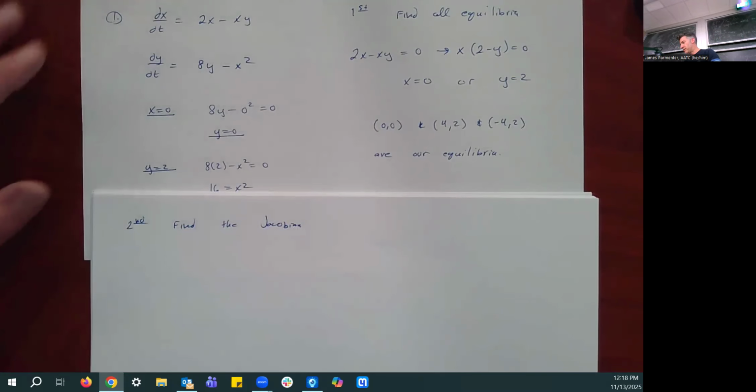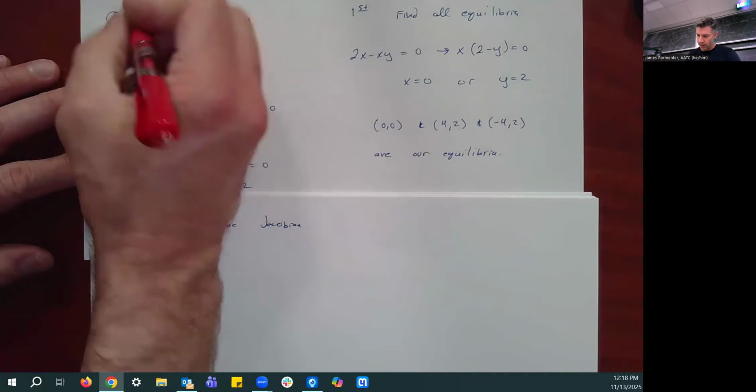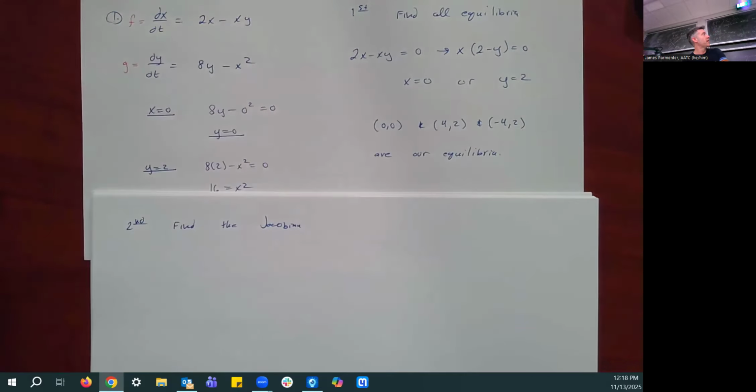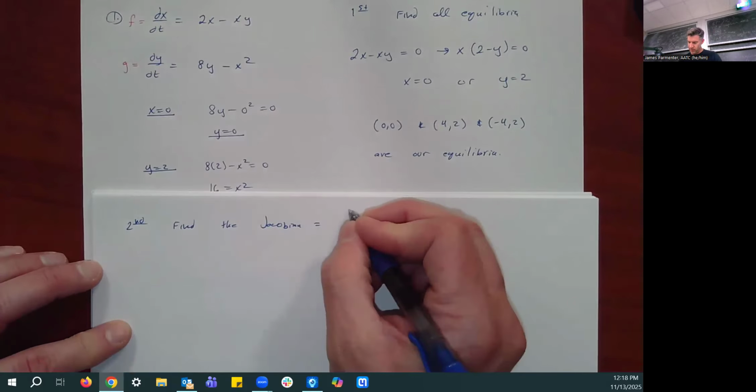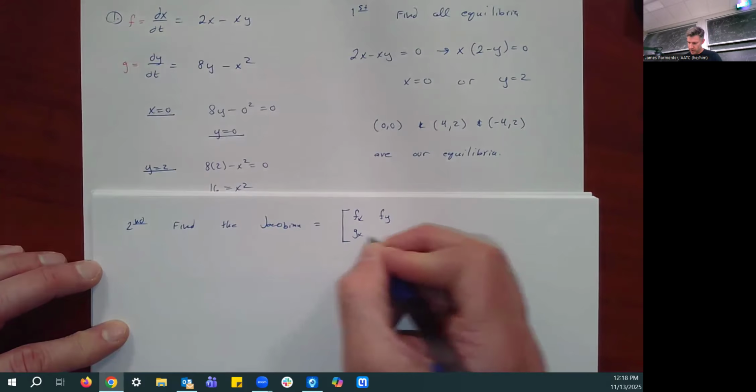This requires us to look at our original system and call the first equation F and the second one G. That's a pretty standard choice. Our Jacobian is the matrix of partial derivatives: Fx, Fy, Gx, Gy.